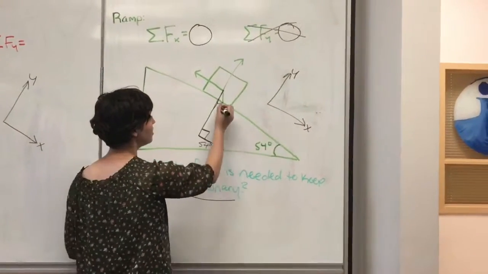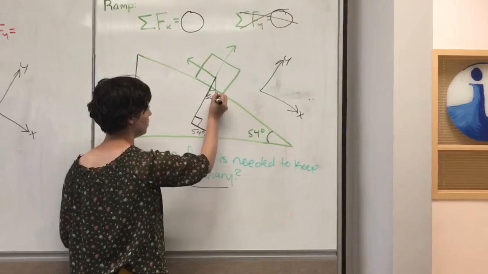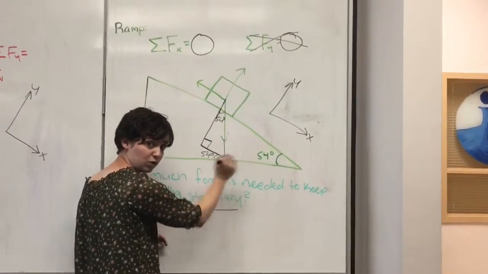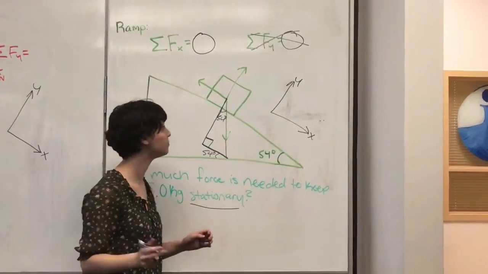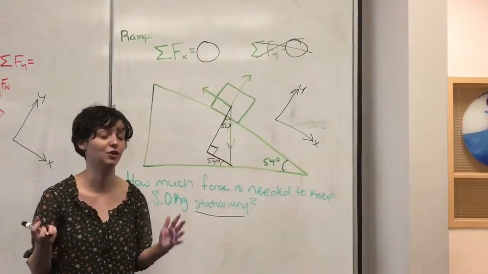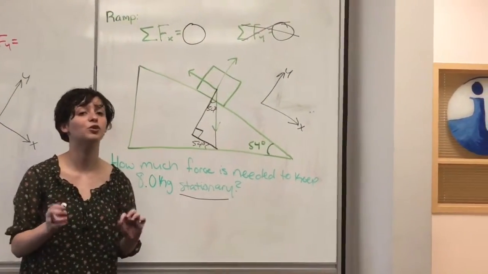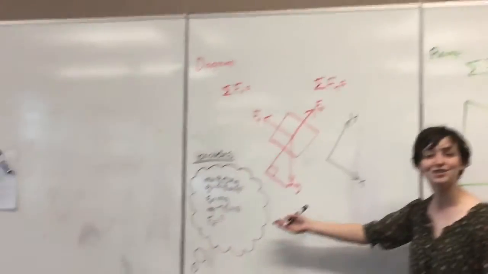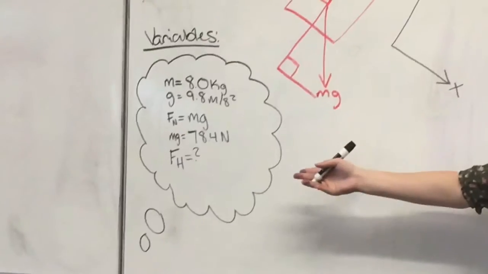And if you say that, then this angle is also the same as these 54 degrees down here. Now, after you identify that, you need to draw your free body diagram, which Thought Bubble has so graciously already done for us.